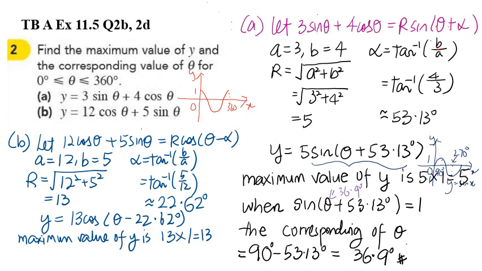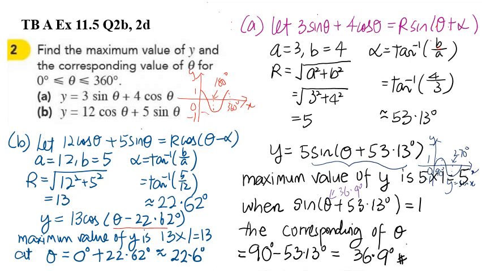The maximum value of y happens at x equals 0 or 360. The minimum value happens at x equals 180. So in this case, this has to be 0 degrees, and if that is 0, then theta will be 22.62. Expressed to one decimal place, that is 22.6.